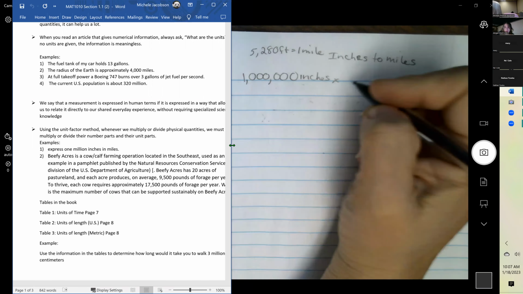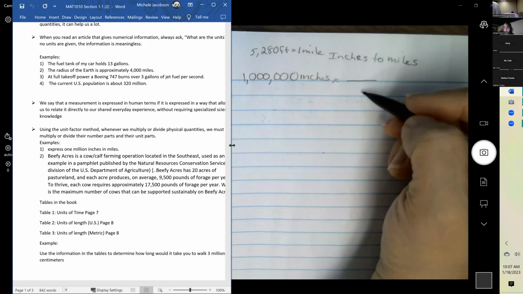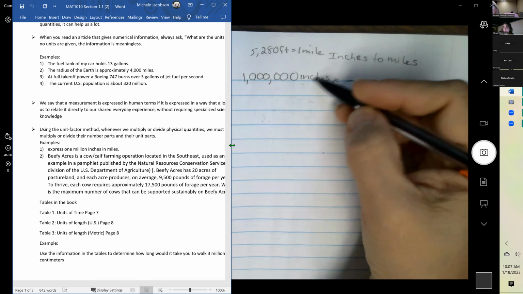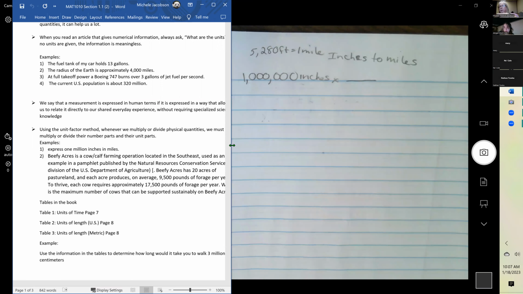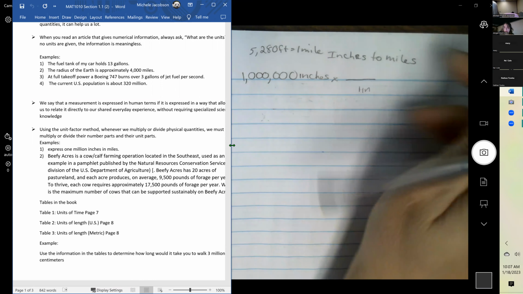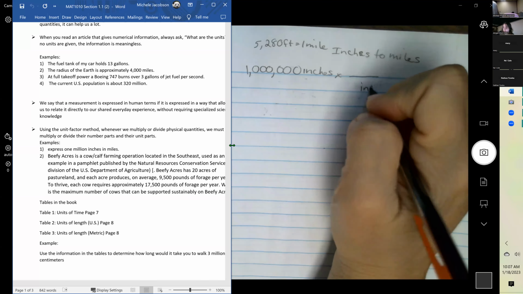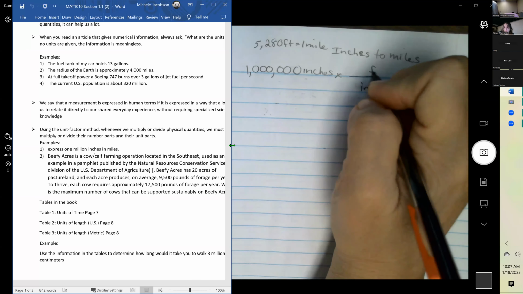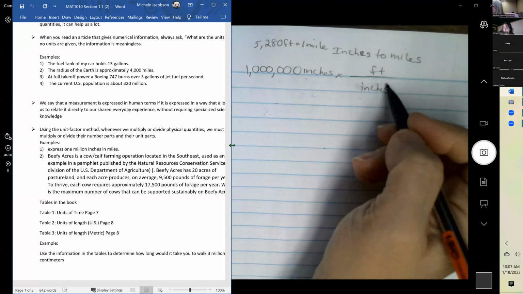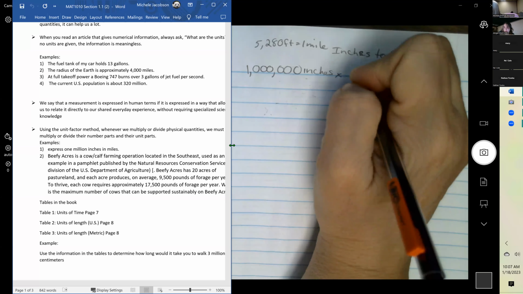Now, when you're setting up that proportion, you want to set it up so that inches is in the top here. When you're canceling units, you have to have one on top and one on the bottom. That means we need to have the inches here and the feet here. That way our inches will cancel. And we said 12 inches is 1 foot.